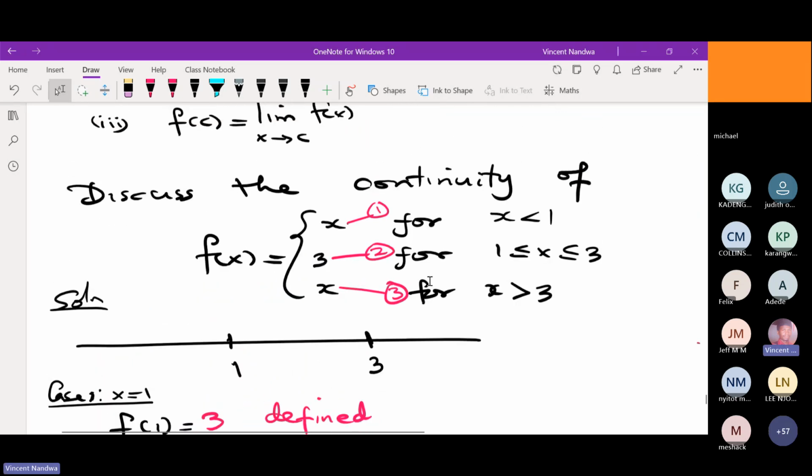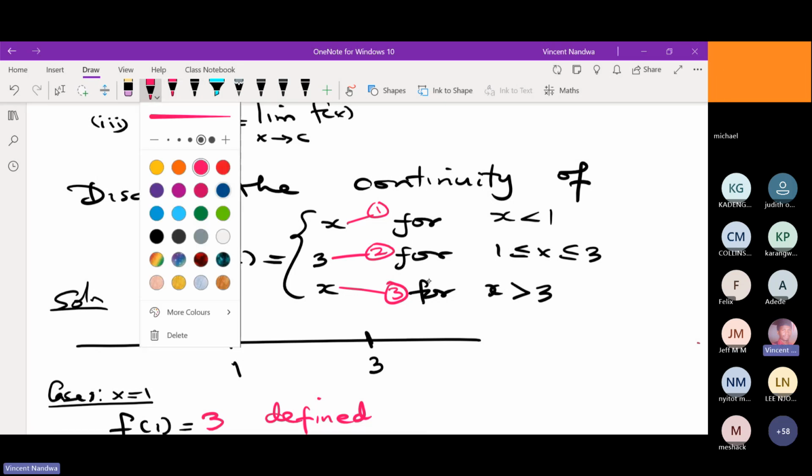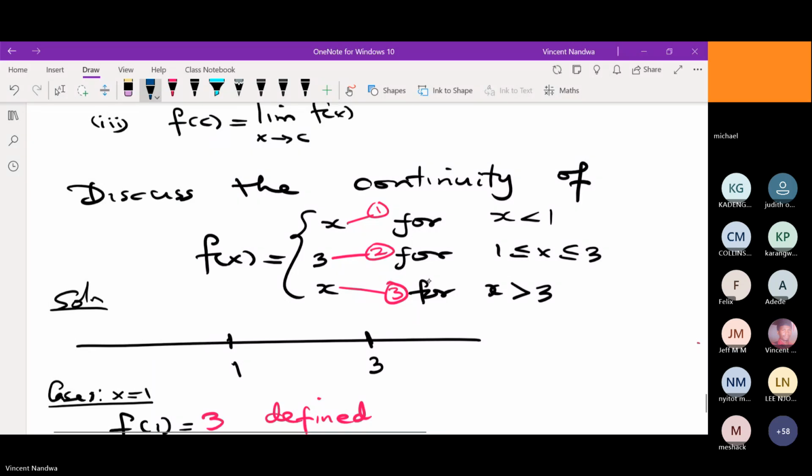Once you have split this real line into these 3 portions, which function specifies the interval from negative infinity to 1 of these 3? The first one. Which function will be from negative infinity to 1? The first one, x.